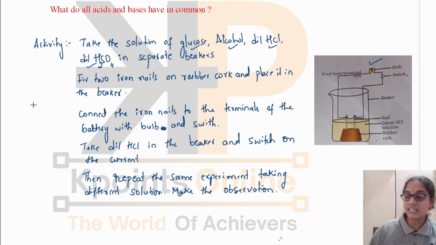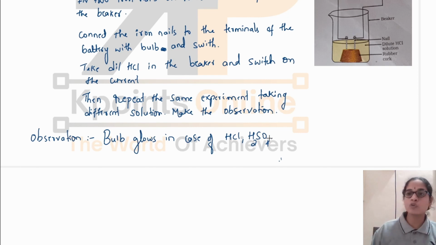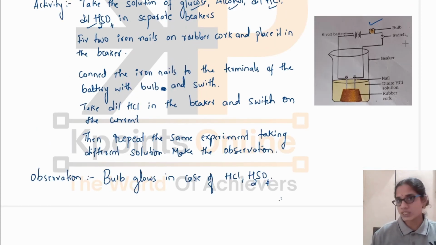What does this indicate? What we have observed is that the bulb glows in case of HCl and H2SO4, but the bulb was not glowing in case of glucose and alcohol. Why? Because in order to glow the bulb, the necessary condition is that the electric current must flow through the circuit. For flow of electric current there must be movement of ions.